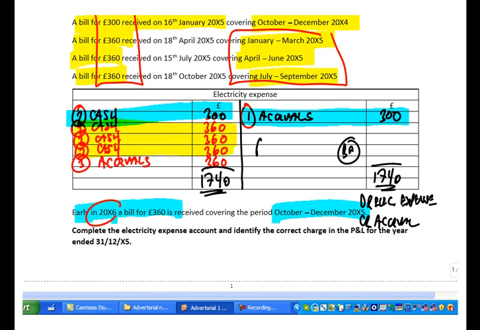Now this will be the figure that's going to get cleared to the P&L as the charge for the year, and 1740 less 300, I need a balancing figure of 1440.